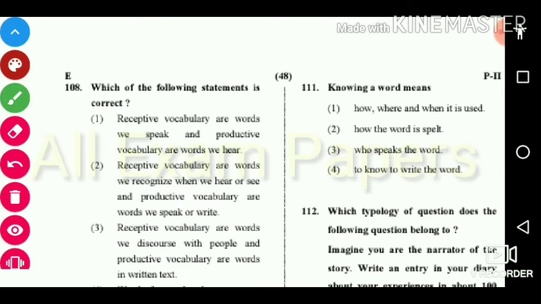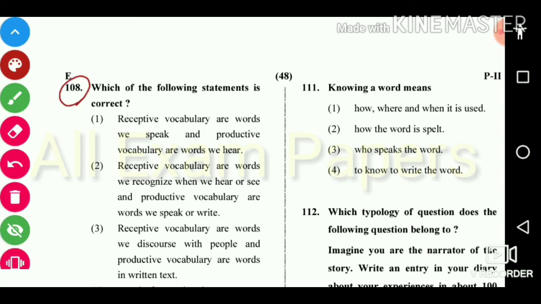Next question. Which of the following statement is correct? First option is receptive vocabulary are words we speak and productive vocabulary are words we hear. Second is receptive vocabulary are words we recognize when we hear or see, and productive vocabulary are words we speak or write.